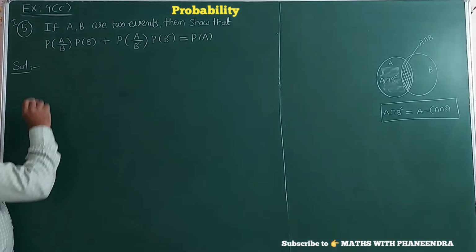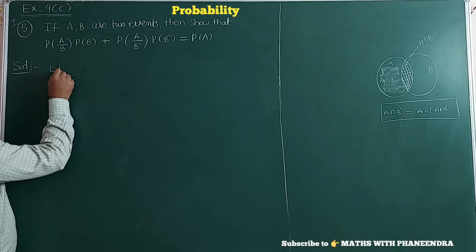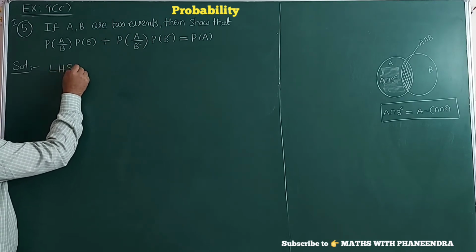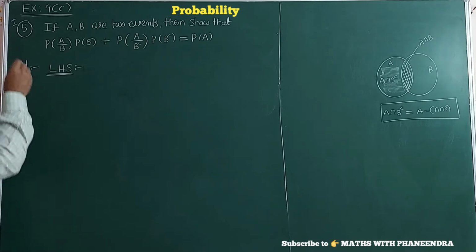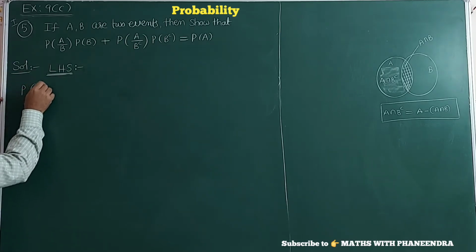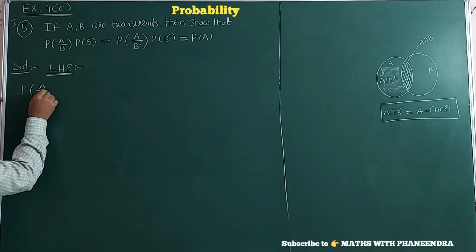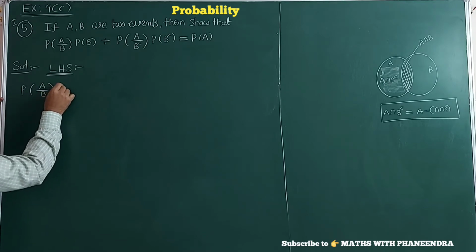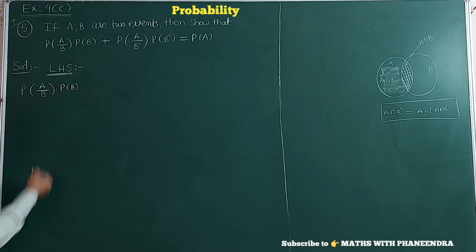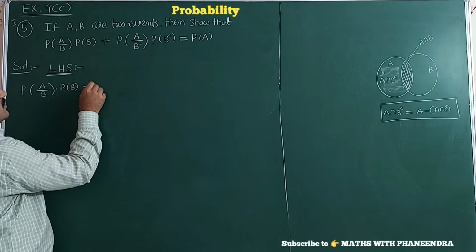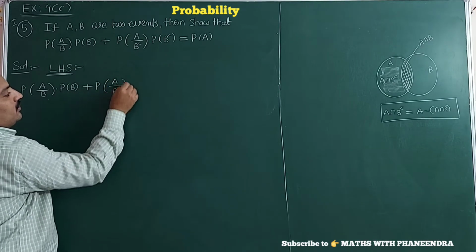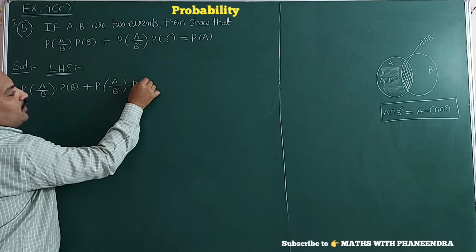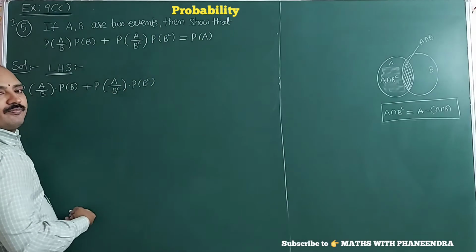So consider the LHS: P of A given B into P of B plus P of A given B complement into P of B complement.